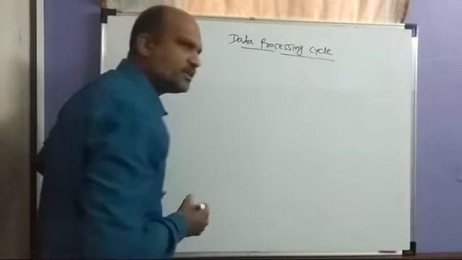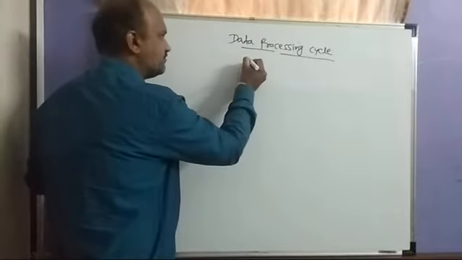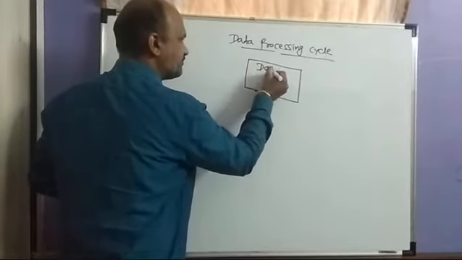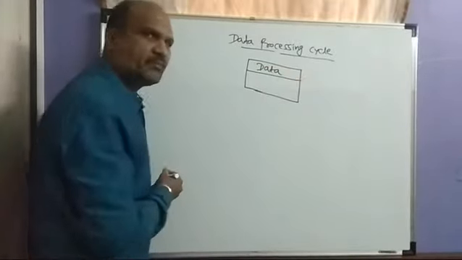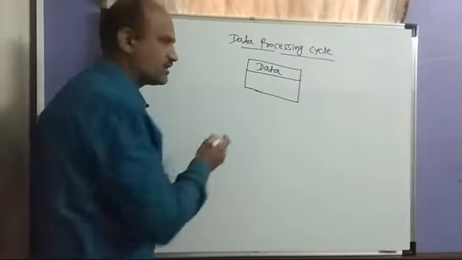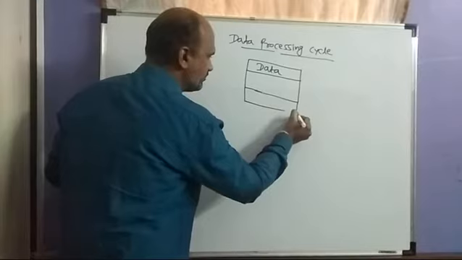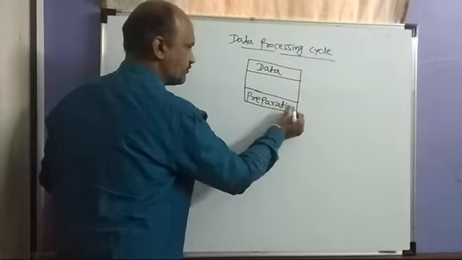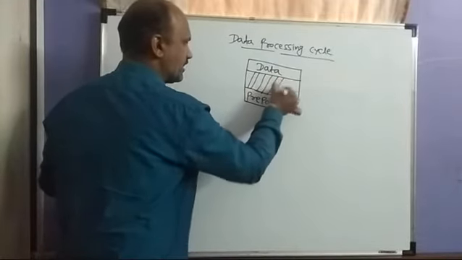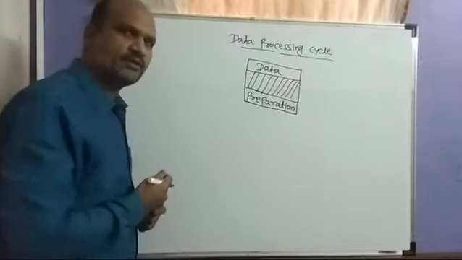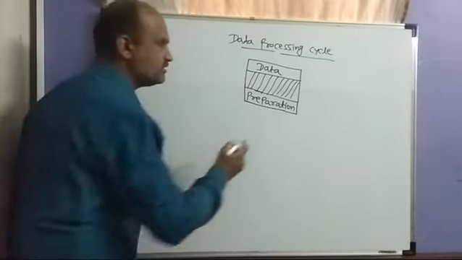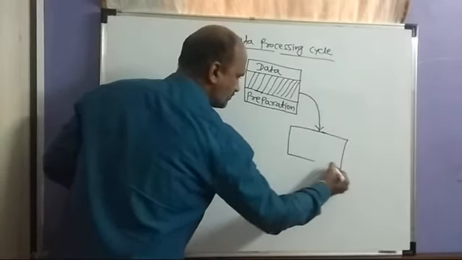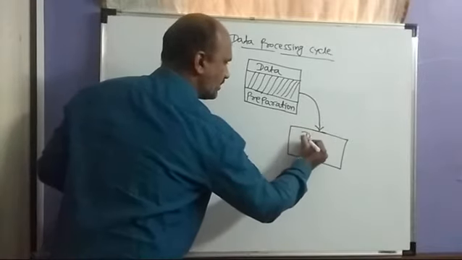So in this data processing cycle, first, as the diagram shows, as the data we have to prepare the data, as I told you, collection of data is very important. So that is data preparation. So we have collected all the data, that is raw facts. Then from this data we are giving the input, that is we have data input.